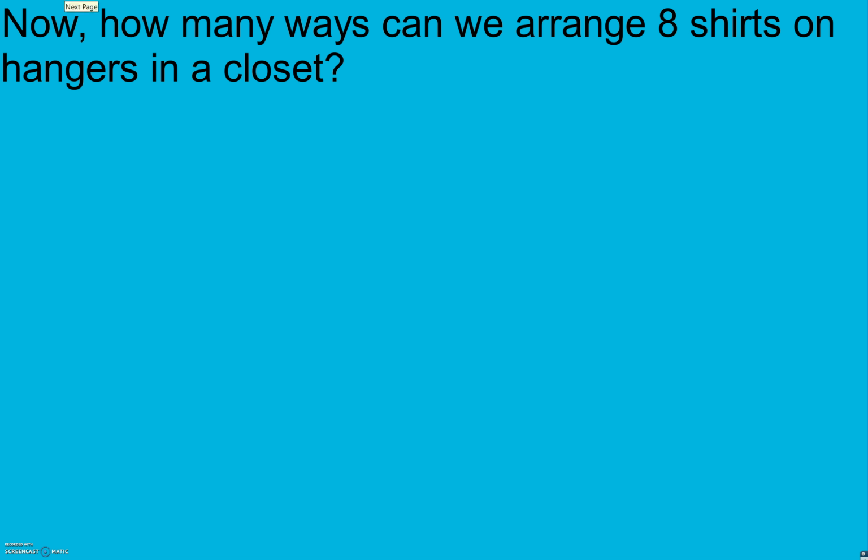How many ways can we arrange 8 shirts on hangers in a closet? Okay, there's 8 ways we could pick our first shirt, 7 ways we could pick our second, 6 shirts left for the next option, then 5, then 4, all the way until we only have 1 shirt left. And so we're going to take 8 factorial.